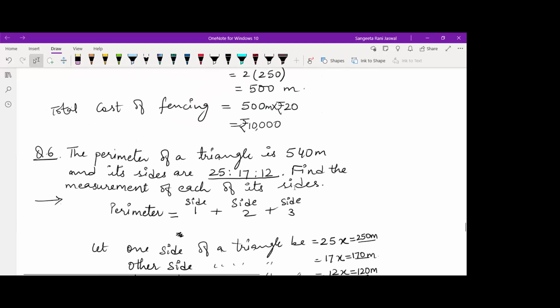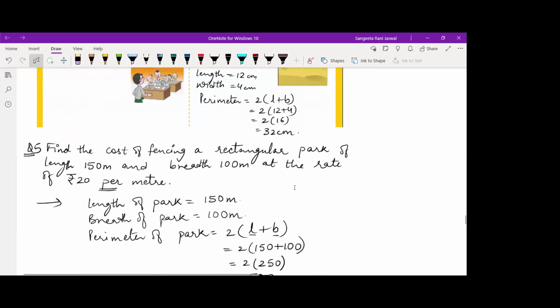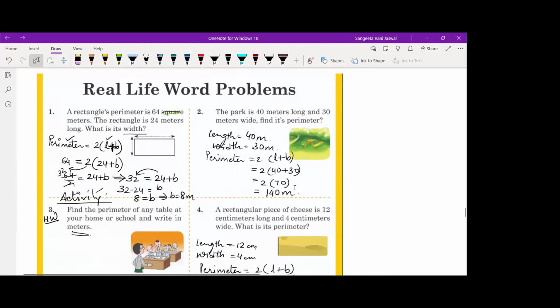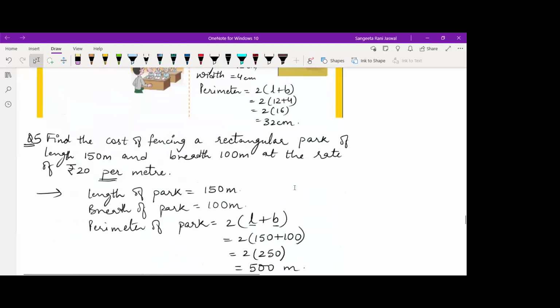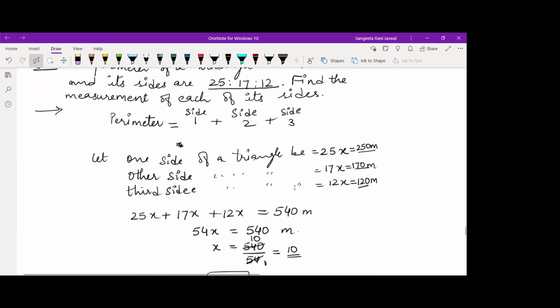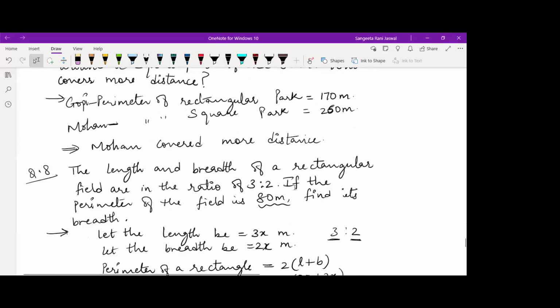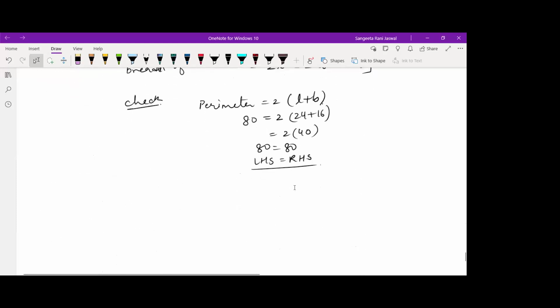So this is what we did, real life word problems. Please go through whatever classwork has been done after the class, take a break, and then practice all the classwork sums. And I'll give you some homework also.